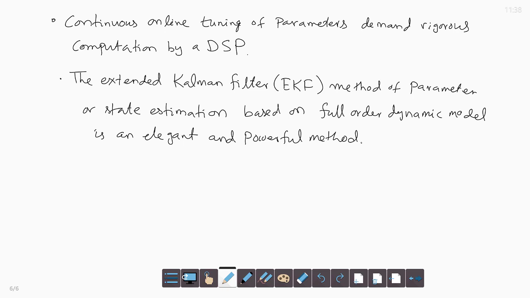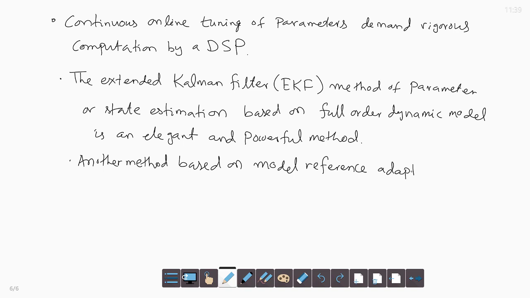Another is based on model reference adaptive control, MRAC.